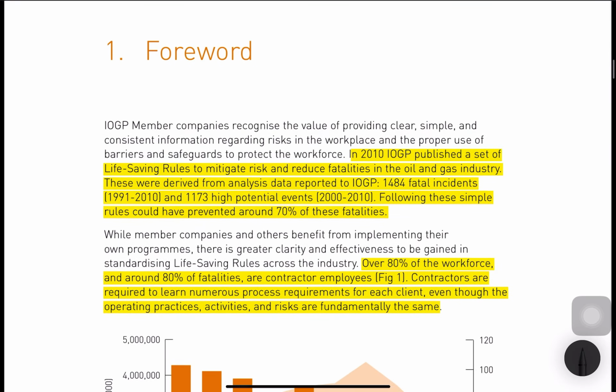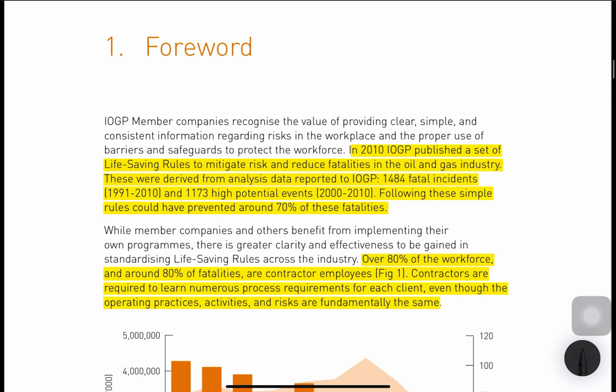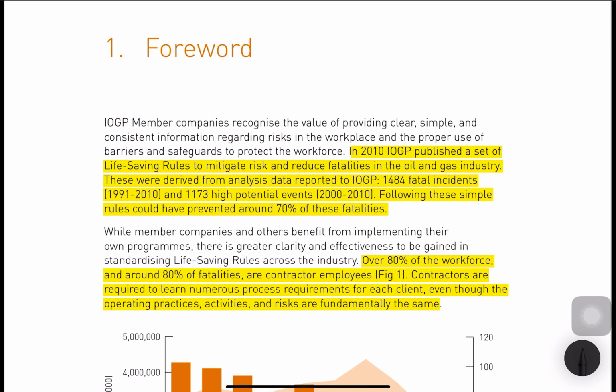If you see here, in 2010, IOGP published a set of life-saving rules to mitigate risk and reduce fatalities in the oil and gas industry. But you might want to consider this in other industries as well, where you can implement some of the life-saving rules.